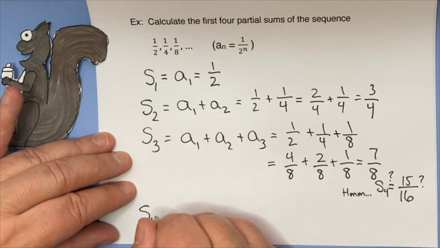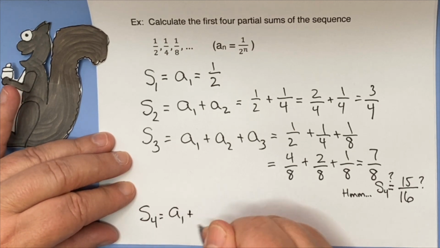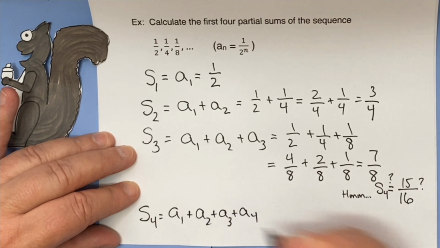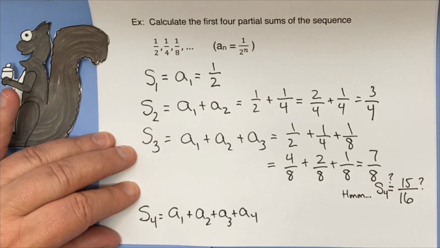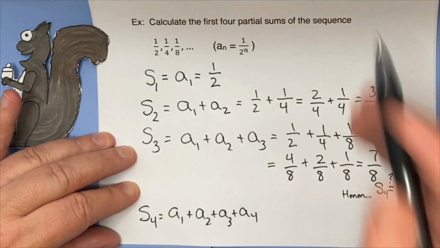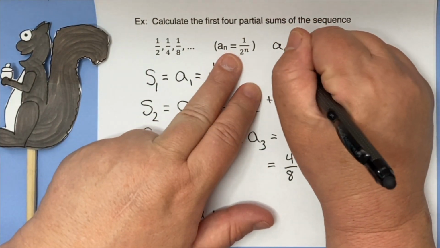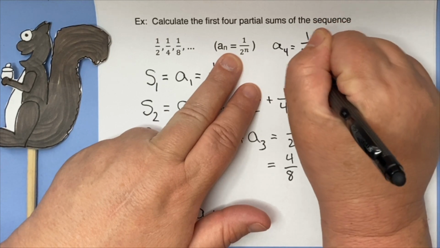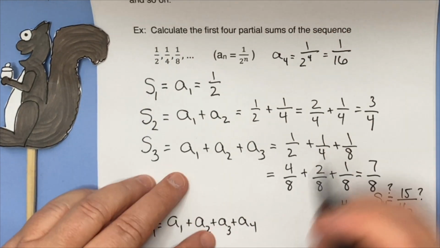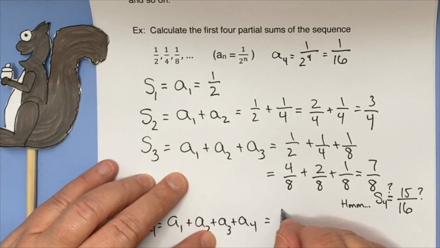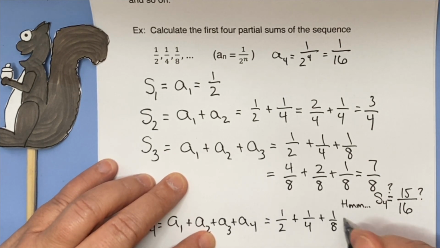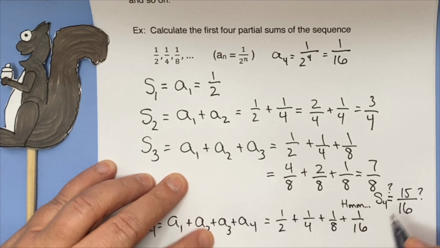Now, for S sub 4, we need A1 plus A2 plus A3 plus A4, which puts us in a bit of a bind because there is no A4 up there. So we're going to have to figure out, okay, what was A4? A4 is 1 over 2 to the 4th, which is 1 over 16. Okay, so we've got 1/2 plus 1/4 plus 1/8 plus 1/16.